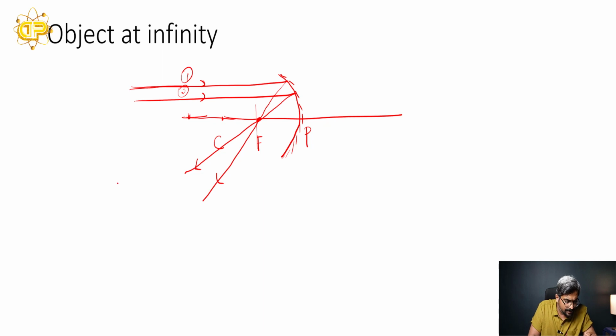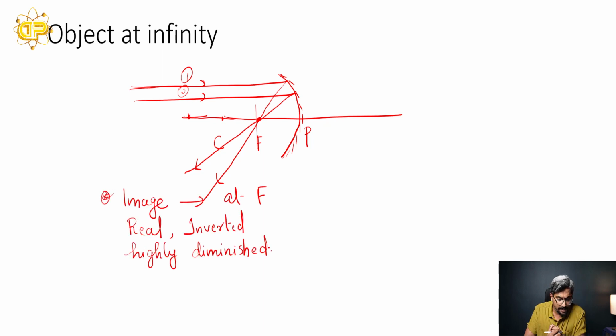Now you need to write down the properties of the image formed there. When the object is placed at infinity, what is the position of the image? The image is formed at the focus, or more precisely the principal focus, as the rays are parallel to the principal axis.